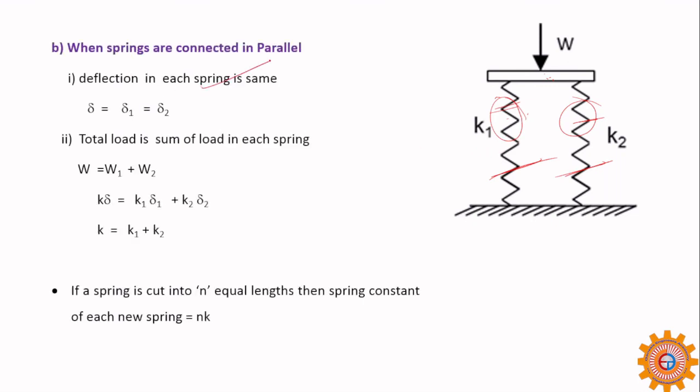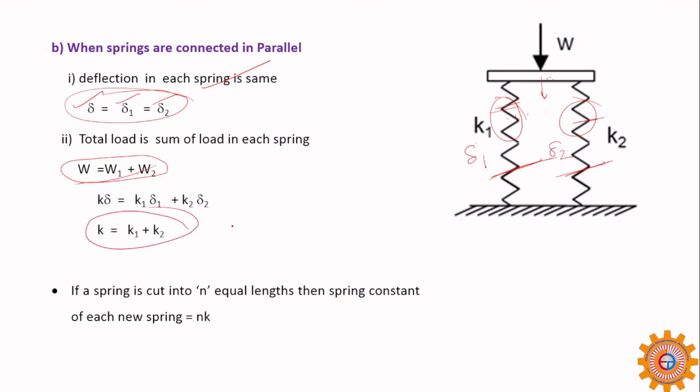The deflection in one spring is delta 1, in the other delta 2. If one comes down, the other also comes down in the same way. We assume that. So here the deflections are the same, whereas in series the loads are the same. Here the loads are shared, W is equal to W1 plus W2.